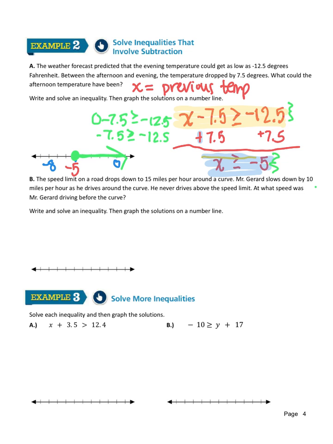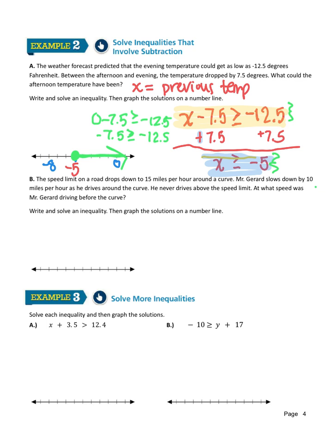And he never drives above the speed limit, meaning he's never going to actually drive above the 15 miles per hour. Now listen, before the curve, he was driving above 15 miles per hour. Okay? Because before the curve, the speed limit was different. So he had a different speed limit. We don't know what it was. We just know it wasn't 15 miles per hour. It was probably higher than that.